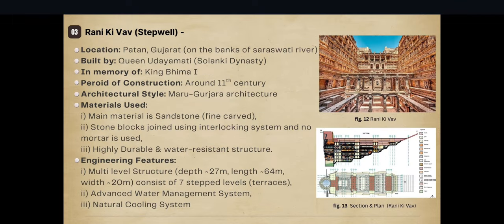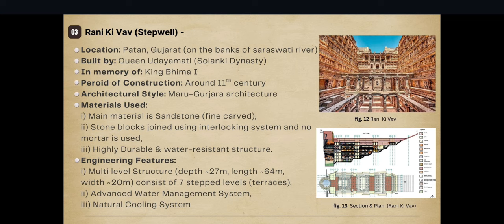Then another case study is the Rani Ki Vav stepwell, located at Patan, Gujarat, on the banks of the Saraswati River, built by Queen Udayamati of the Solanki dynasty. This was made in memory of King Bhima, period of construction around the 11th century.